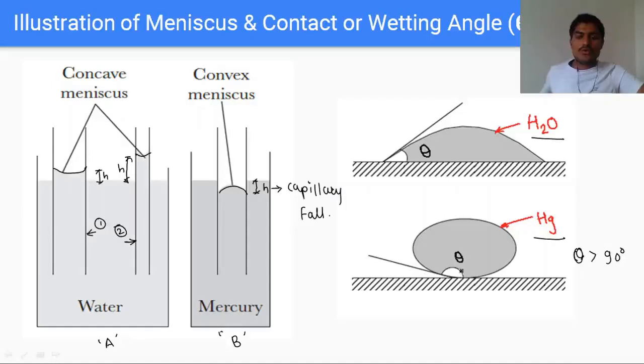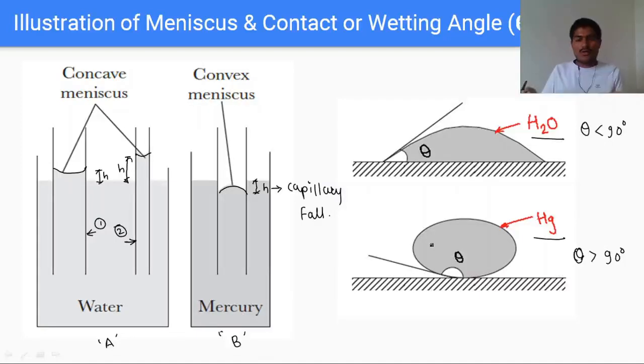So therefore this mercury is not going to wet this surface, but in terms of water this theta is less than 90 degrees and surely this water is going to wet this surface. So this is our common observation. If we take the mercury in our hand, and then put it down again where we picked it from, we will not feel our skin has got wet.